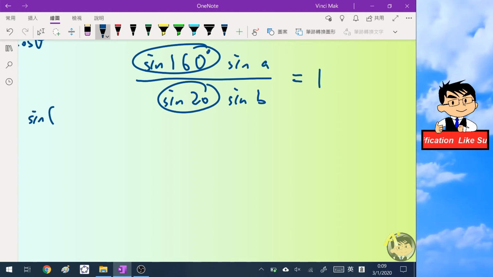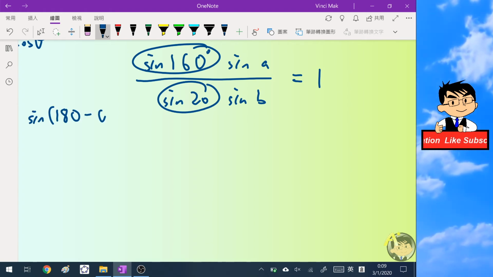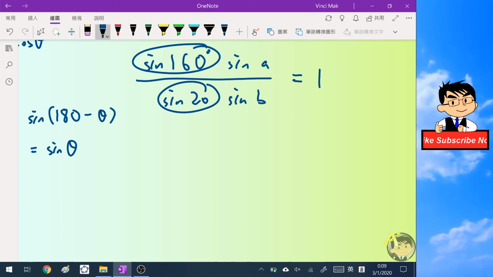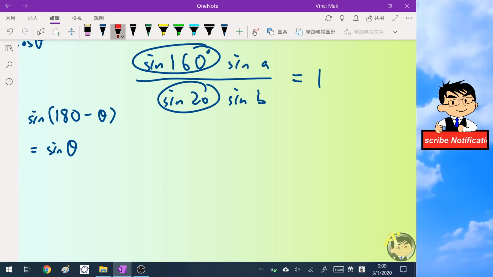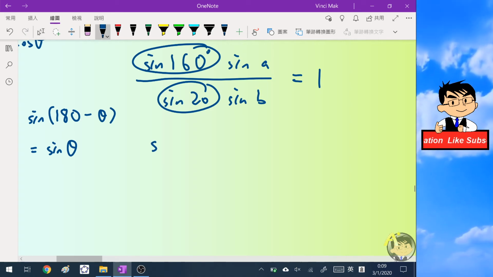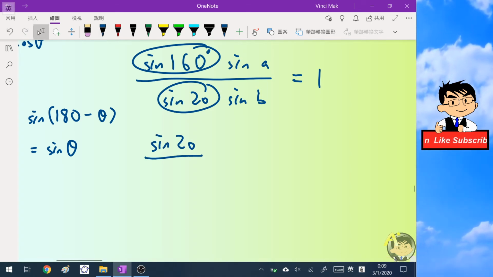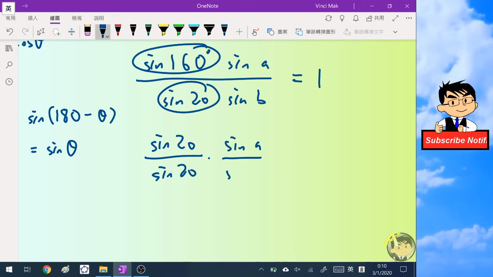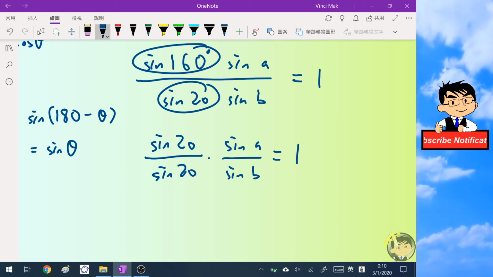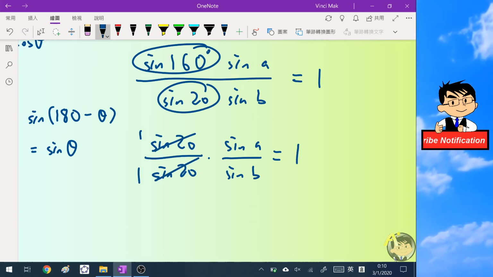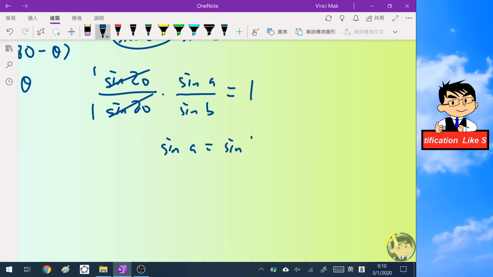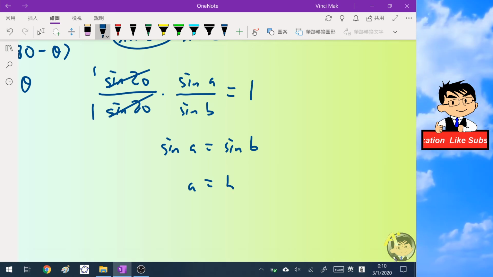We have another identity, sine of 180 degrees minus theta is equal to sine theta. So we can reduce the top sine ratio and write it as sine 20 over sine 20, and then sine A over sine B, which is equal to 1. They cancel out to become 1. So we have sine A equals sine B, and A will be equal to B.